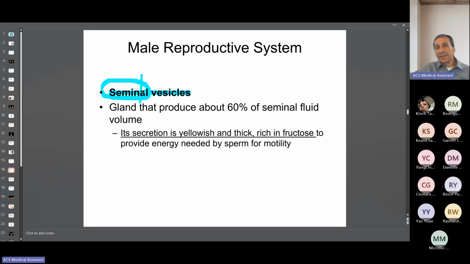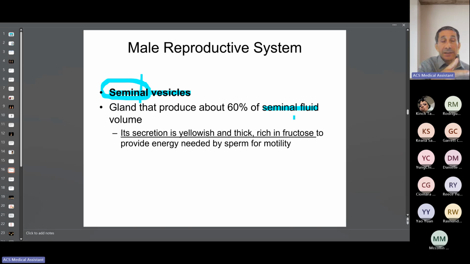Seminal, remember, pertaining to semen, because this is the substance that is produced by this gland, the seminal vesicles, that is going to be added. This is the substance that is going to be sent to these tubes so the sperm can swim. That's basically what it is. This is what forms the seminal fluid, what we commonly call semen. So this is just a substance, a secretion that these glands produce.